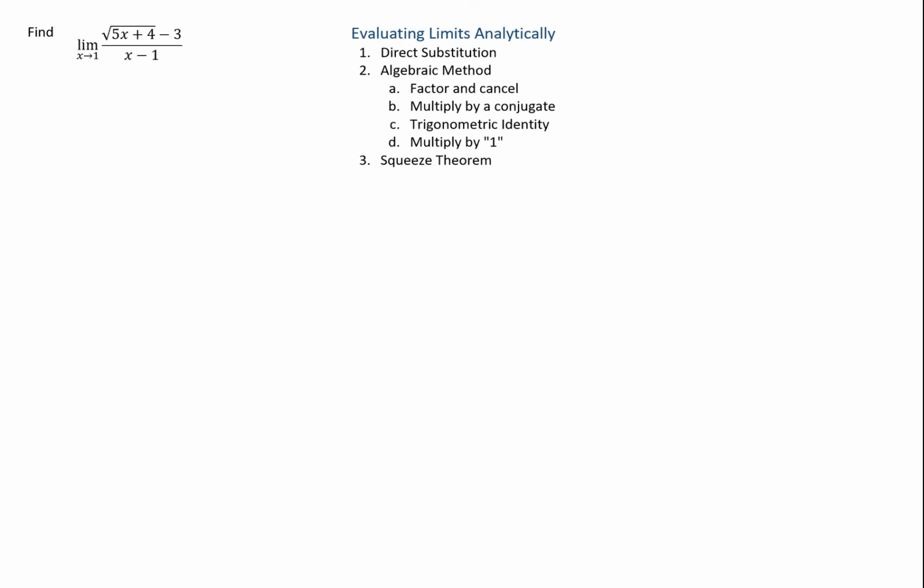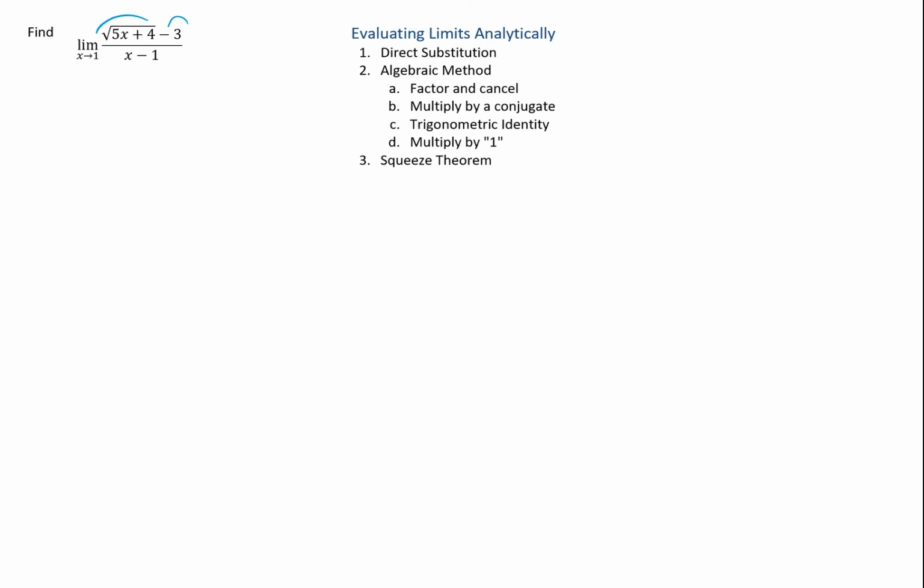We can multiply it by a conjugate, and that works well if on the top or the bottom, primarily the top, you see essentially two terms separated by subtraction or addition. And this one pops up a lot when you see, just like we have here, a square root and then just a lone number on the side. So in fact, we are going to use multiplying by a conjugate in order to solve this problem. But let's look at the other options.